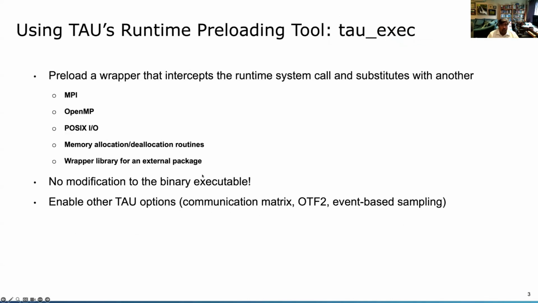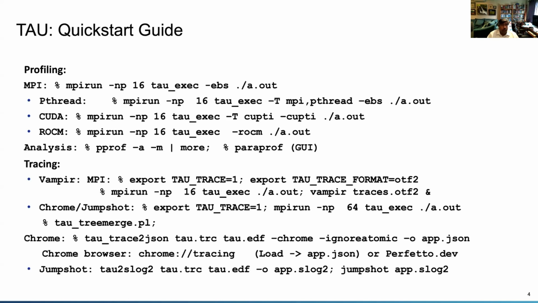And it's important to note that you do not need to modify your source code. You do not need to modify your build system. You do not need to modify even your binary. You can simply launch that binary using tau_exec and then enable other options of Tau. Well, this is how it looks. If you have an MPI application and you're running it, say, with mpirun -np 16 a.out, you just add tau_exec -ebs after loading the Tau module.